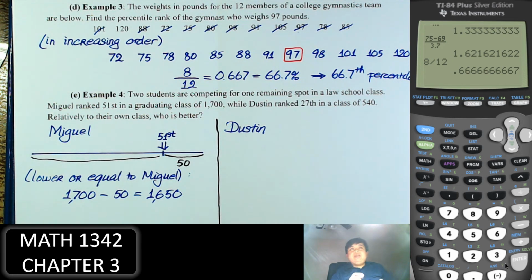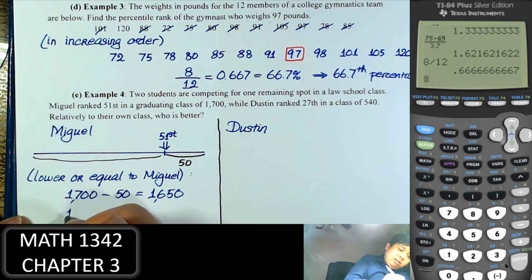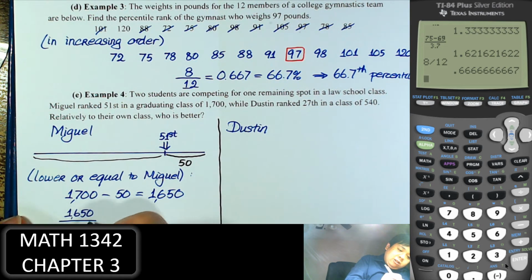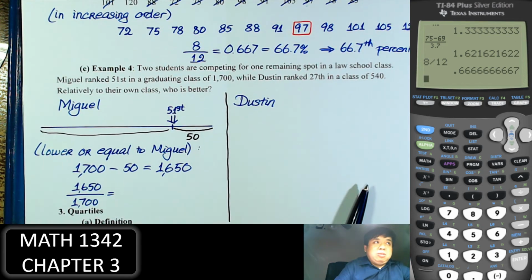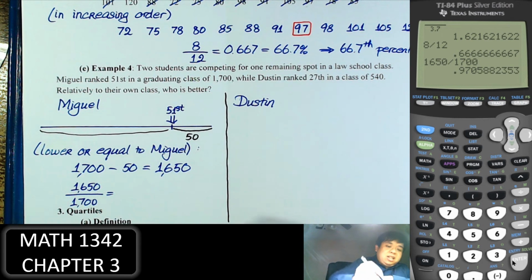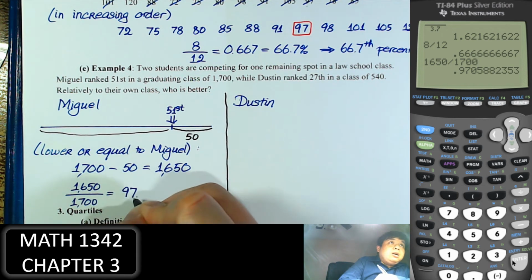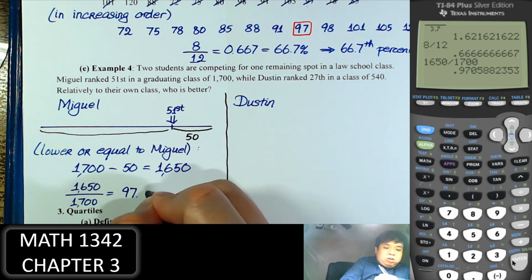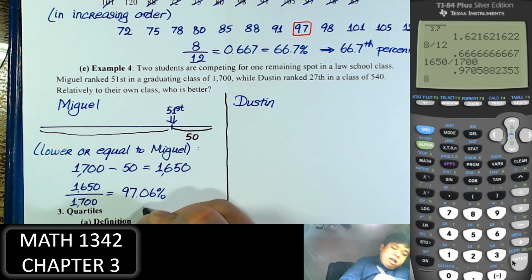So 1650 people that equal or less than or equal to Miguel. So the percentage, his percentile, will take this divided by 1700. That gives us the percentile, the percentage, and convert that to percentile easily. Divide 1700. 97.06%. So the percentile is 97.06 percentile.